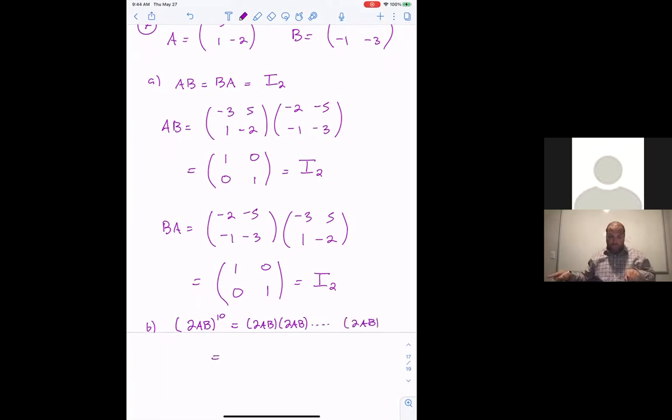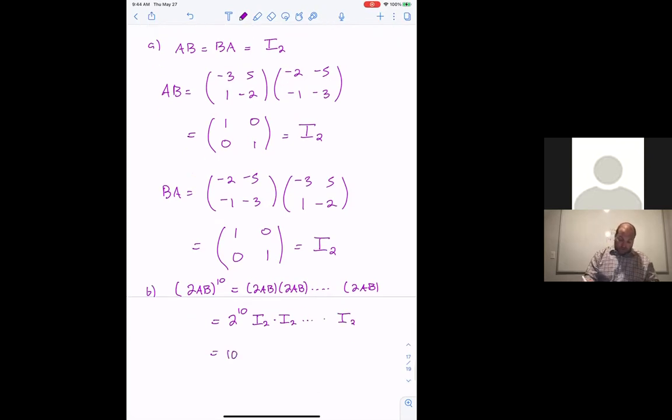And those 2s are scalars. I can move them all to the front. That's 2 to the 10th power. But each AB is the identity matrix. So it's I2 times another I2 times another I2.